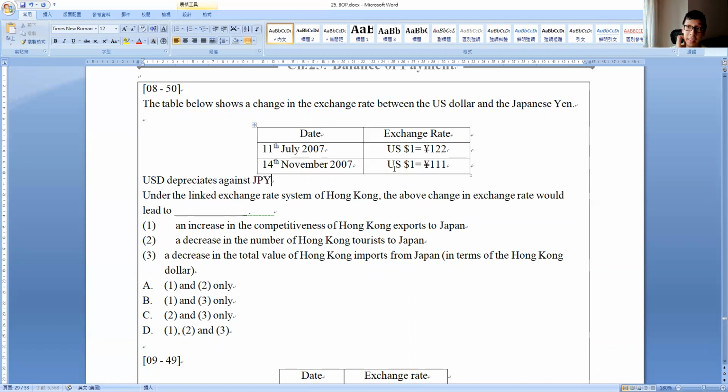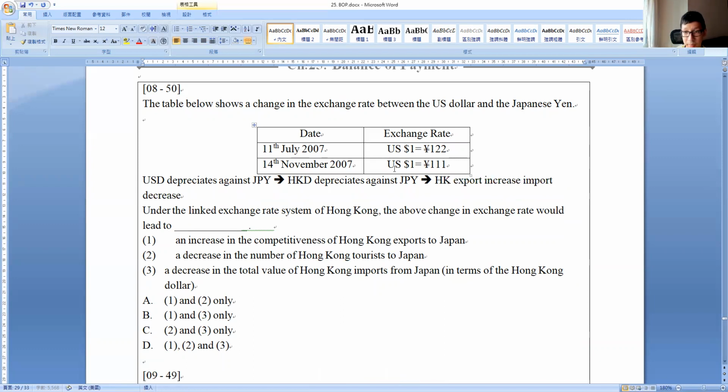Equally well, we can say the Hong Kong dollar depreciates against the Japanese yen. Therefore, we know Hong Kong export would increase, import would decrease.